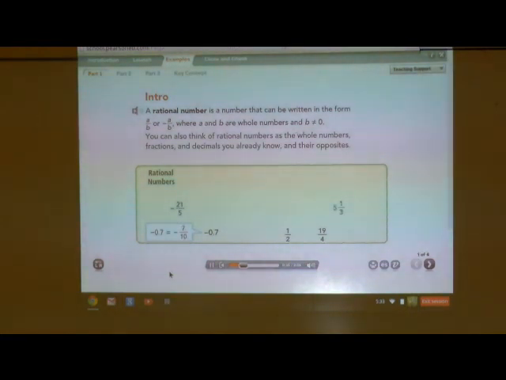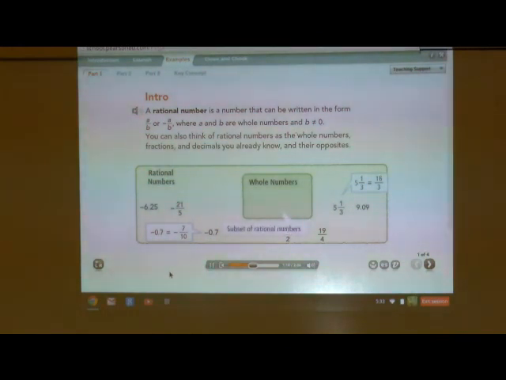What about 5 1/3? Is it a rational number? 5 1/3 can be written as the improper fraction 16/3, which is in the form a/b. So it is a rational number. 9 9/100 is a rational number. So is -6 25/100.